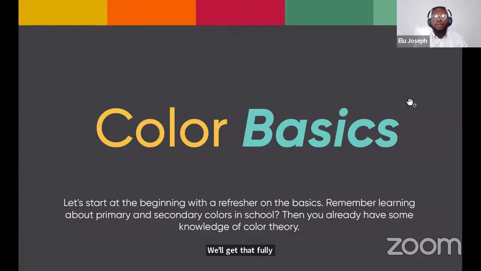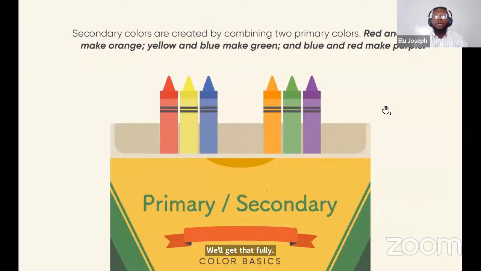Now, we did primary colors and secondary colors in school, whether primary school or secondary school, or for those people that studied art-related courses. Now, primary colors are red, yellow, and blue, sorry.